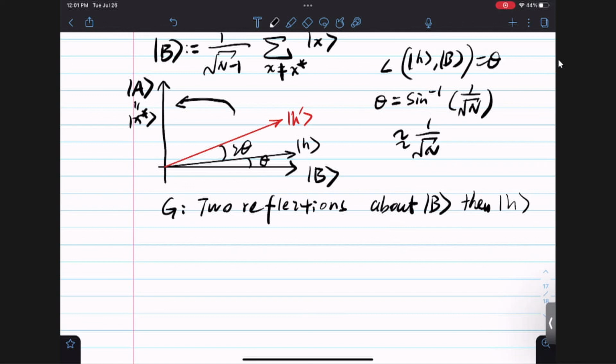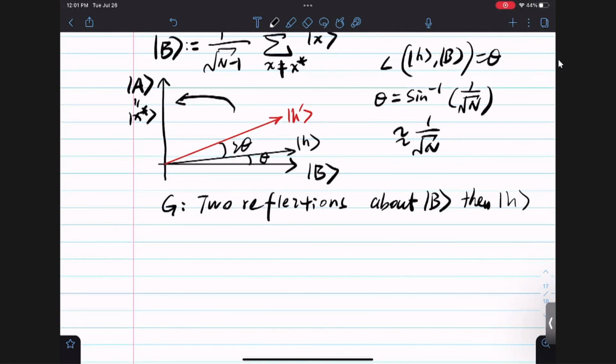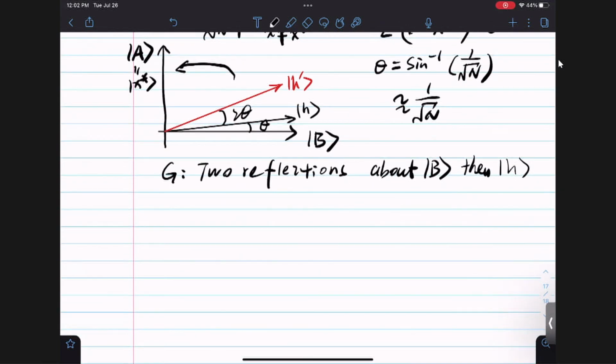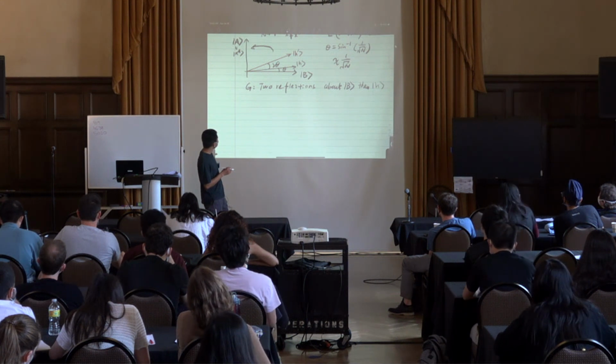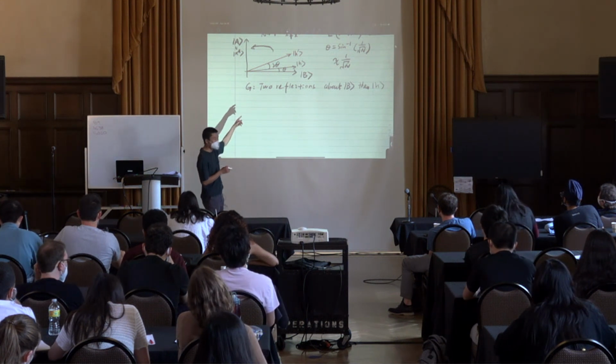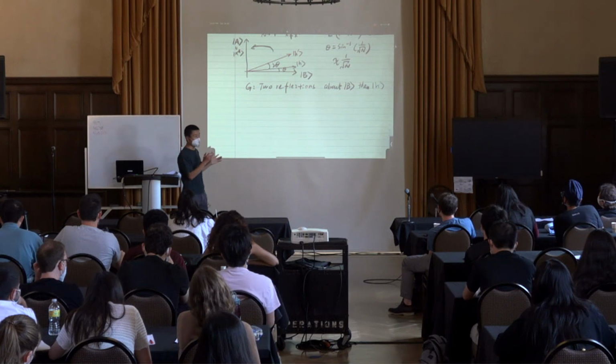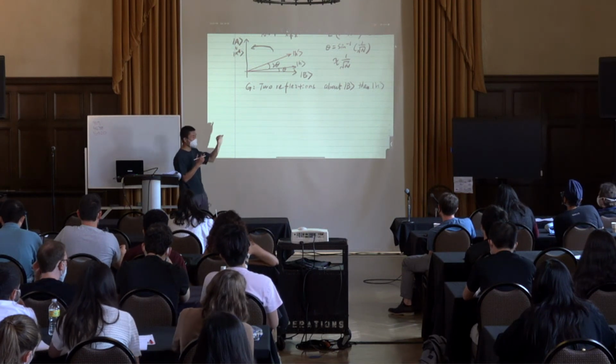Okay, and again, our goal is to reach somewhere close to A. So then when we measure, we will be very likely to measure X star. That's what we want. Sorry, can you get the arc cosine? That's the arc cosine, right? What is the cosine? It should be the sine, right? Anyway, the sine of theta will be 1 over the square root of n. Intuitively, it has to be small.